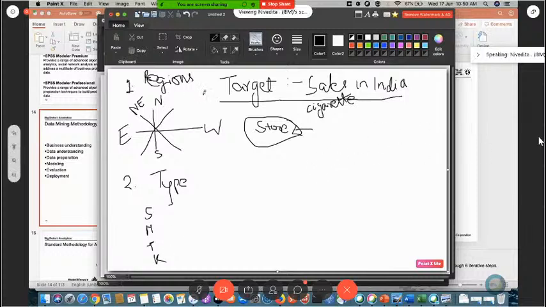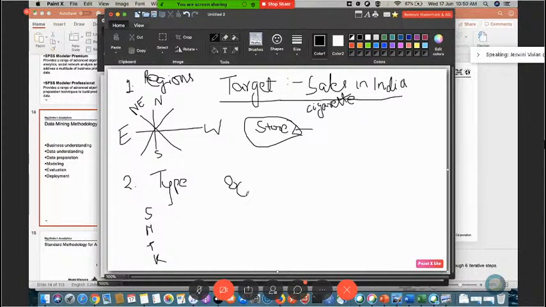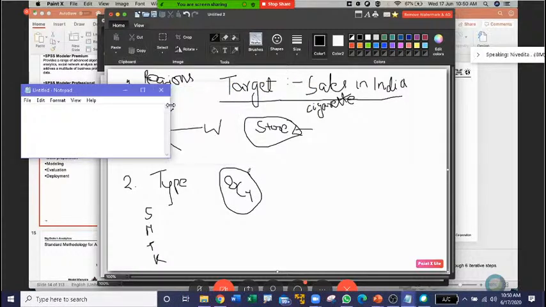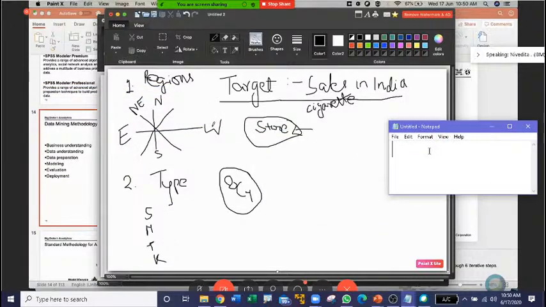So how many combinations will we get? 8 C4 combinations, and we'll have a North Supermarket, Northeast Supermarket, East Supermarket, South Supermarket, again hypermarkets, North Hypermarket, Northeast Hypermarket, tabletop. Accordingly, we'll have 8 C4 combinations, and each of them is a stratum, a homogeneous group of stores in each region.